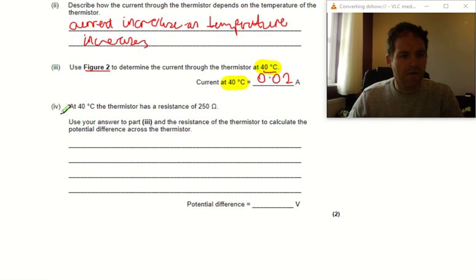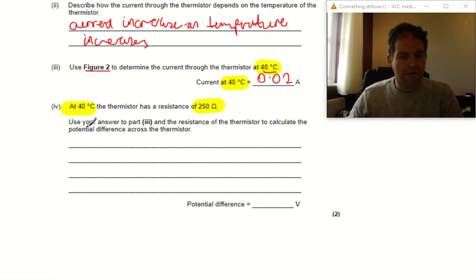Then it says at 40 degrees C, the thermistor has a resistance of 250 ohms. Use your answer to part 3, 0.02 amps, and the resistance of the thermistor to calculate the potential difference across the thermistor.